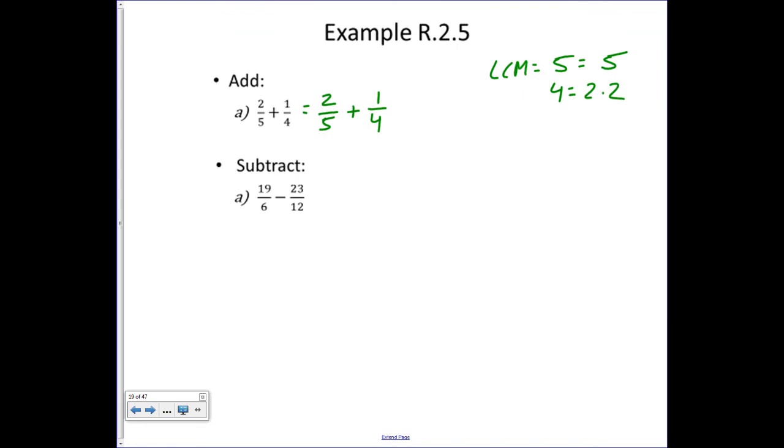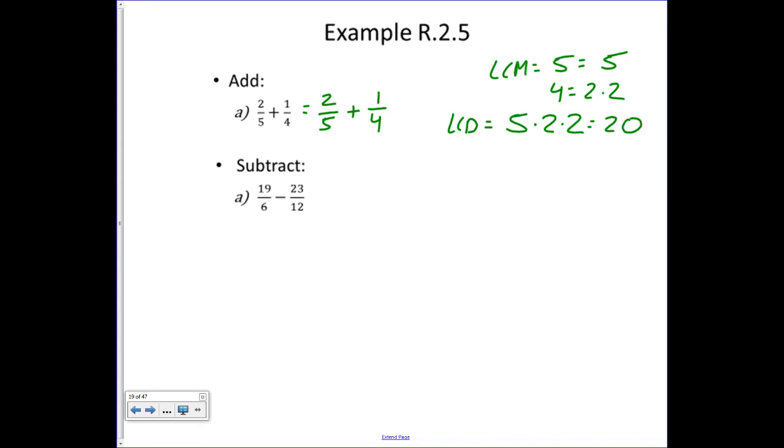And so to find the least common multiple, or the least common denominator, we have to write out all the factors the most times that they appear in each of the numbers. So our least common denominator is 5 times 2 times 2, which is just 20.